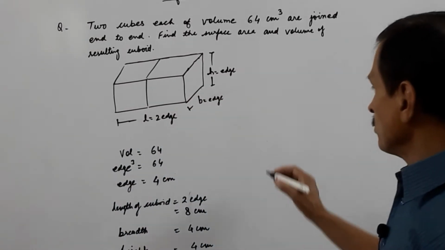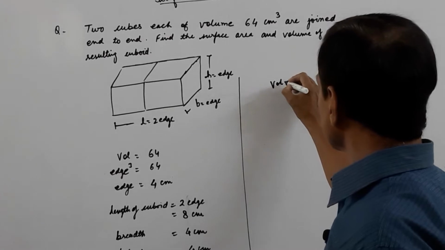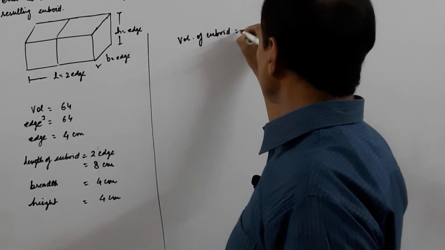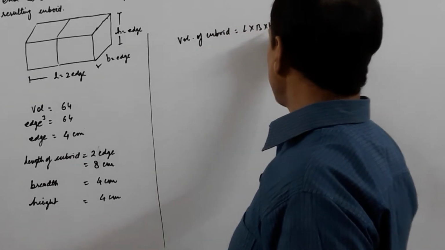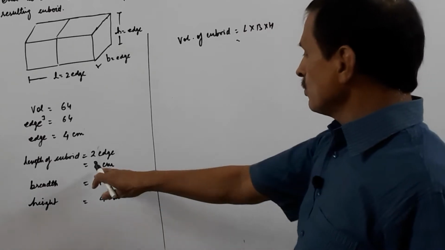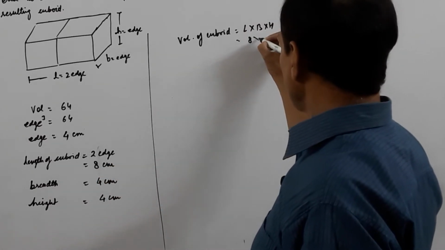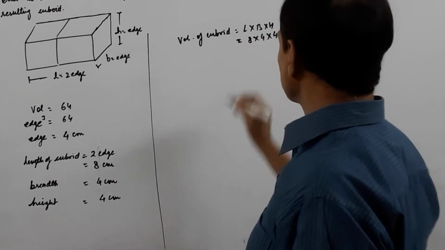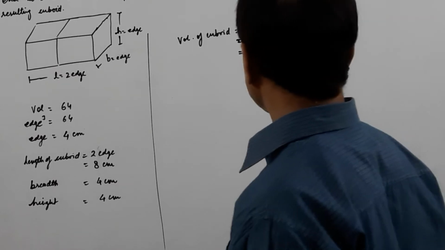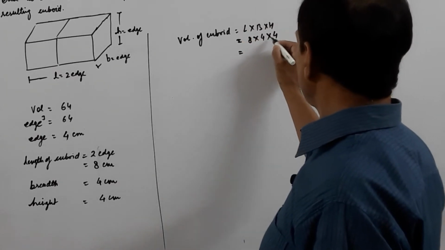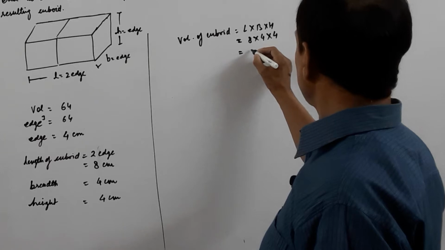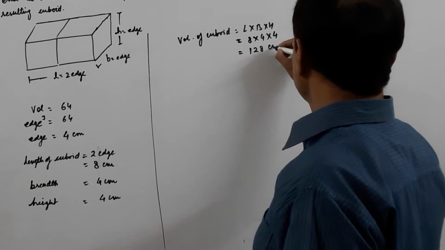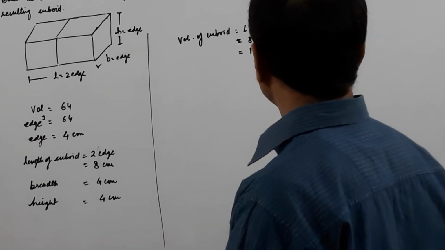Now volume of cuboid is equal to length into breadth into height, that is 8 centimeter into 4 centimeter into 4 centimeter, and that is 128 centimeter cube.